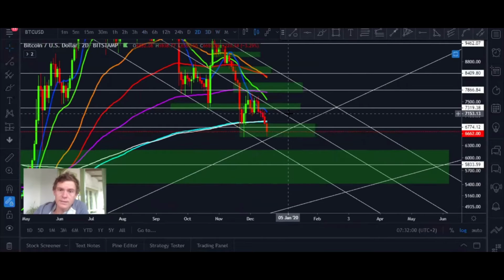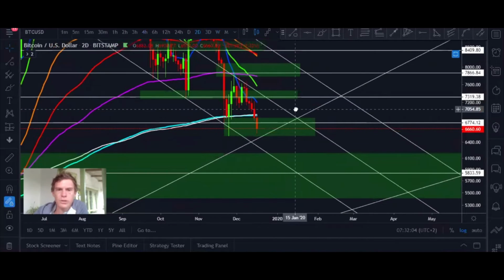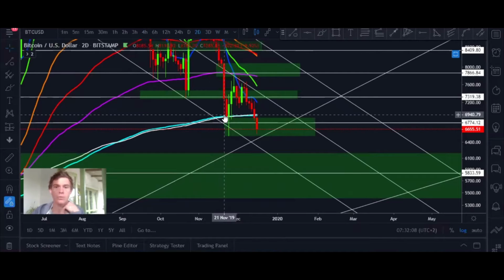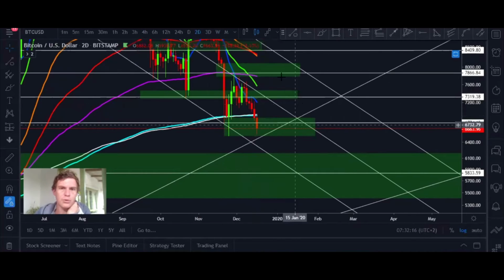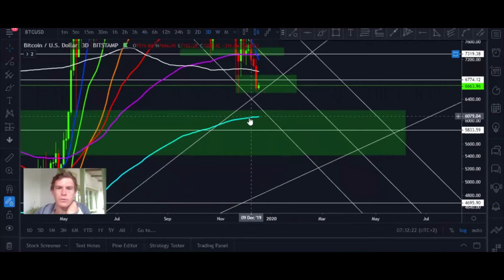Well, this is interesting. On the 2-day chart, we can see that we've broken below both of these major moving averages. So on the 2-day chart, as of about the last 4 days, we are officially below all major moving averages. So if this continues, the 3-day chart will also go below all major moving averages.